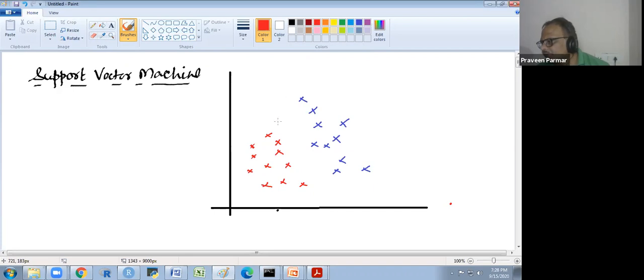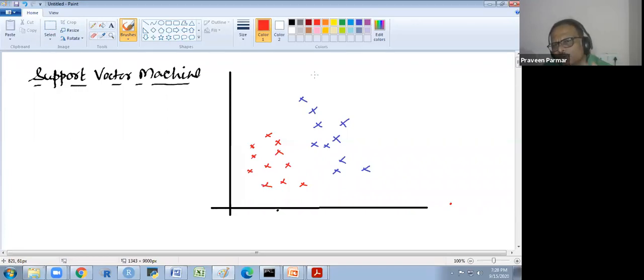There are two classes I have, one in blue and one in the other color. So we assume that it is a plus and minus. I will tell you later why we assume it is plus and minus.